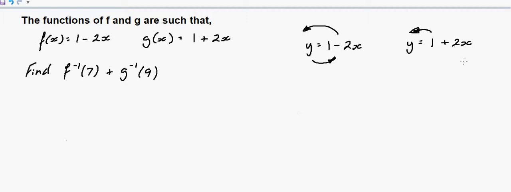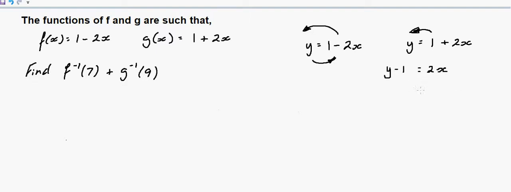So if we take the g of x first, 1 plus 2x, we want x on its own. So this 1 is going to come over and change its sign. So we have y minus 1 equals 2x.